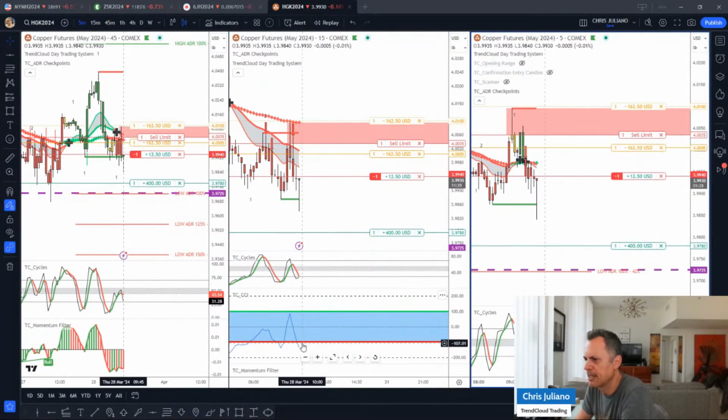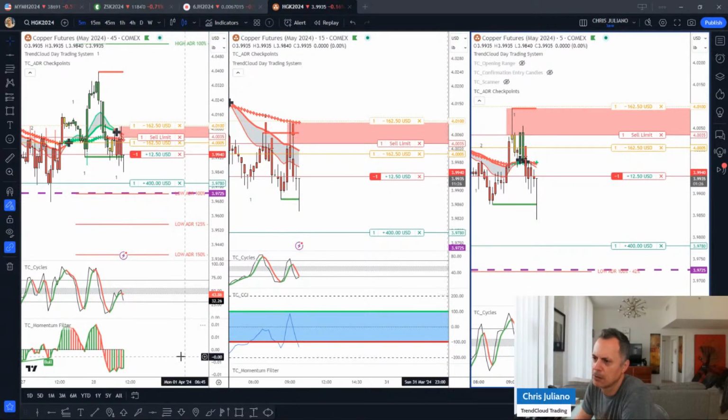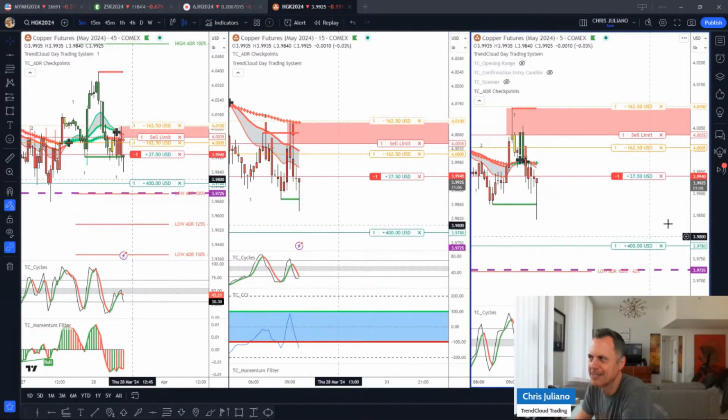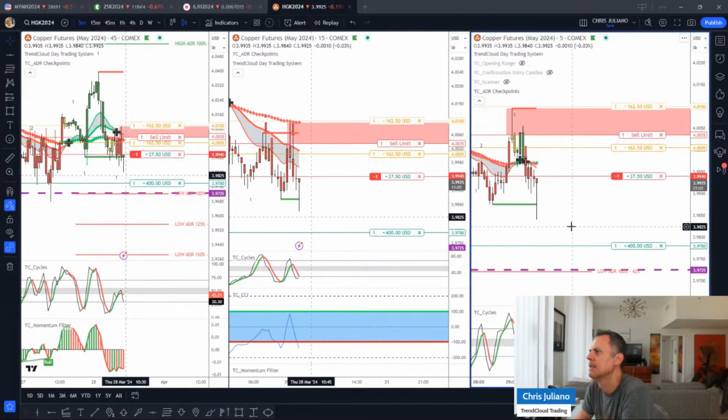Crossing below negative 100. And momentum on the high time frame is flashing between red and green, and that's what we're experiencing right now, right? Quite a reversal symbol. On the shorter time frames, you can see how quickly this stuff moves, and how quickly it could go against you.